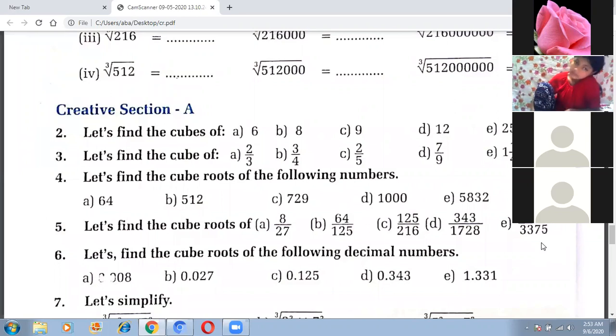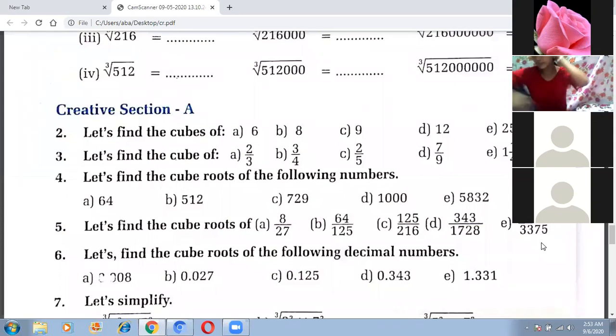Now after converting into a fraction, 8 is the cube of what? 2, or not? In place of 8 you write 2 into 2 into 2. Yes, 1000 means 10 into 10 into 10, that is 10 cube. 8 means 2 cube. 1000 means 10 cube.